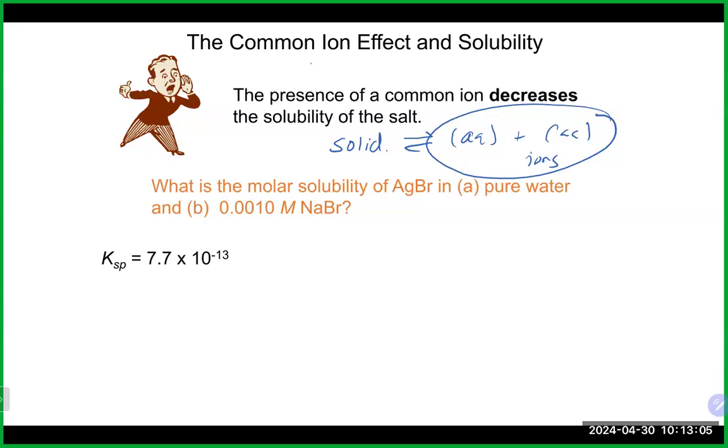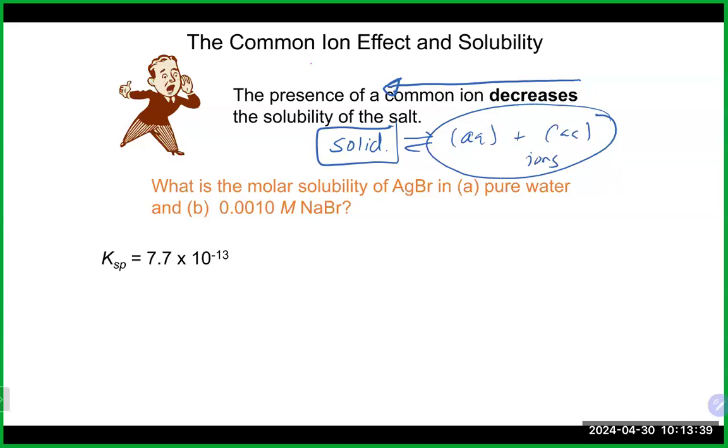Based on Le Chatelier's principle, adding more products means we should expect the equilibrium to shift away from it toward our solid. So much like with buffers, a common ion will decrease the solubility of a salt because it pushes the salt back together, and you see a lower solubility when you have that common ion present.